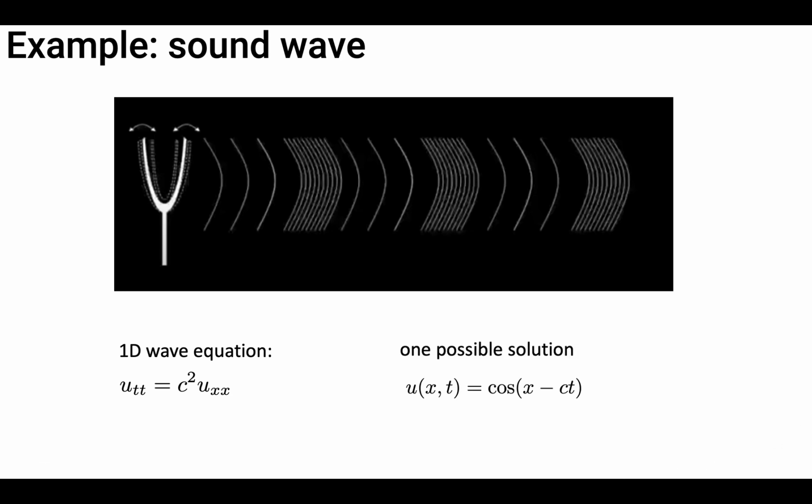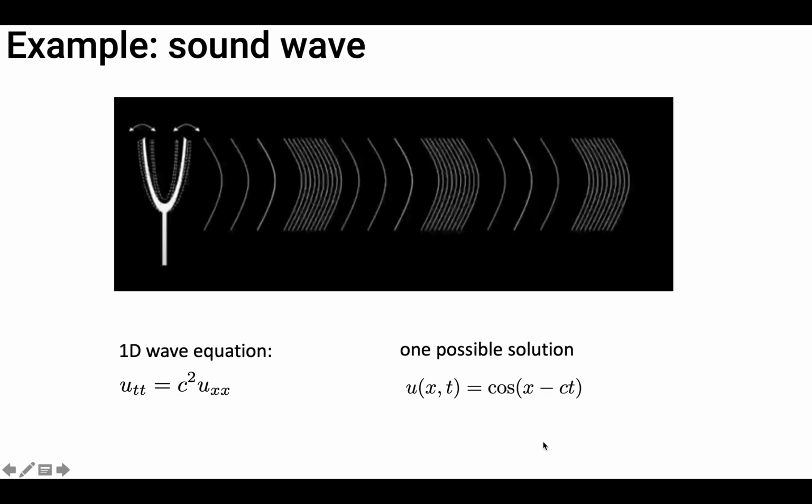One side note here is that, for example, for the 1D wave equation, the sinusoidal functions are possible solutions for the wave equation. If you just think about it or verify yourself, you can see that cosine of x minus ct is actually a solution of this equation.